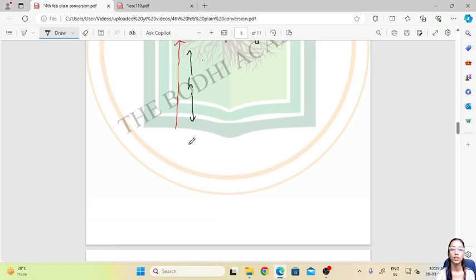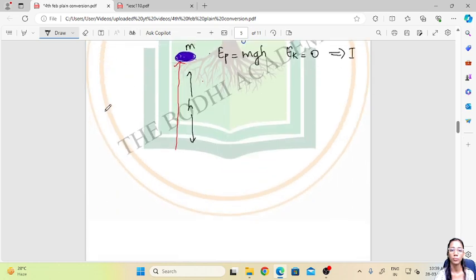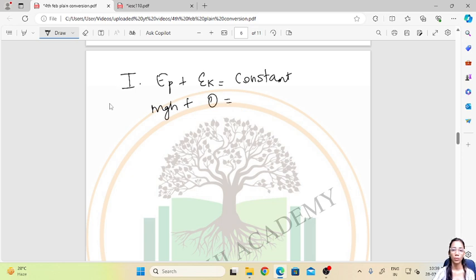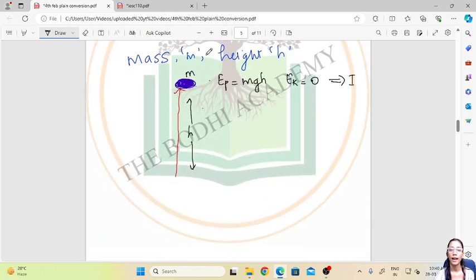In the first case, the equation EP plus EK is equal to constant. So in this case, EP is mgh plus EK is 0 and it is constant. This will be the first situation at the height.